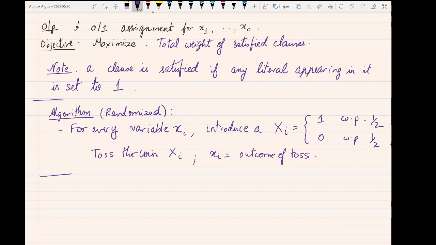So how do we go about analyzing this? Well, it is very similar to the max cut problem. That is, we consider a single clause Cj and we ask what is the probability that Cj is satisfied.